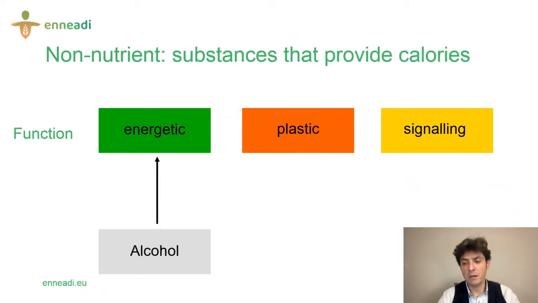There's another substance that provides calories, but it is not a nutrient, and it is alcohol. Alcohol is not a nutrient. It is metabolized by the liver to produce fat, so it provides energy. It is considered a harmful substance.